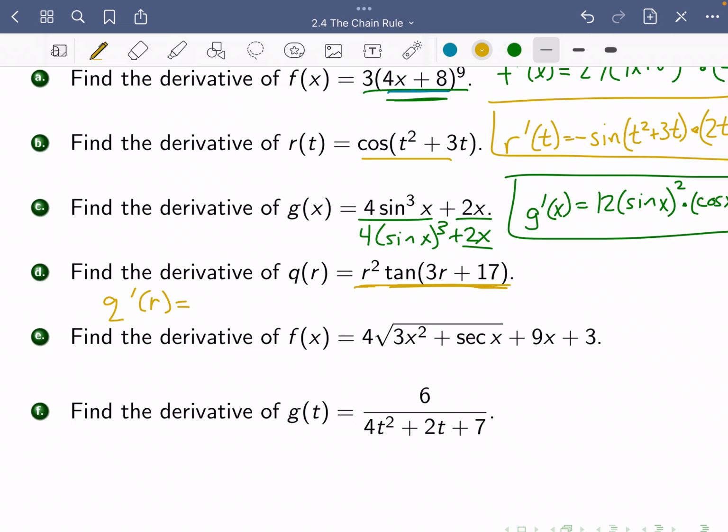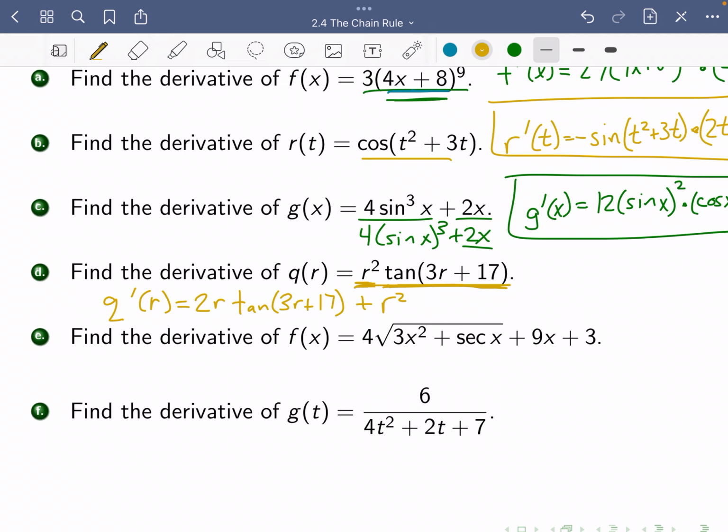So our product rule says we're going to take the derivative of the first. So the derivative of r squared is 2r. So derivative of the first times the second plus the first, the r squared, times the derivative of the second. Now, our second is the tangent of 3r plus 17.